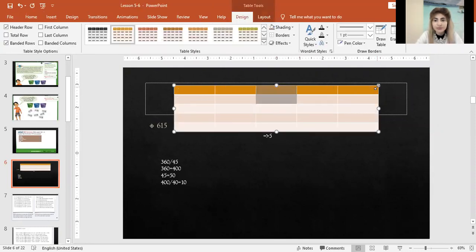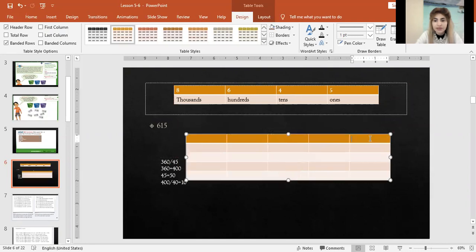So here, if I have number 5, I have here ones, here tens, hundreds, thousands, 10,000. Okay, so if I have number 5, the place value of 5 is ones.